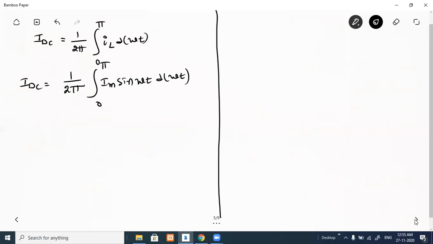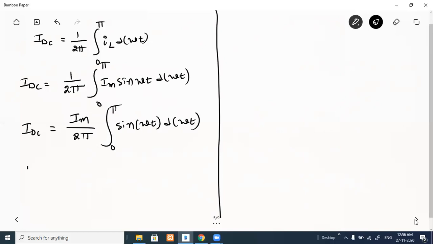Im is the peak value of the load current, which is constant, so take it out of the integration. That is Im by 2 pi integral 0 to pi sin omega t d omega t.